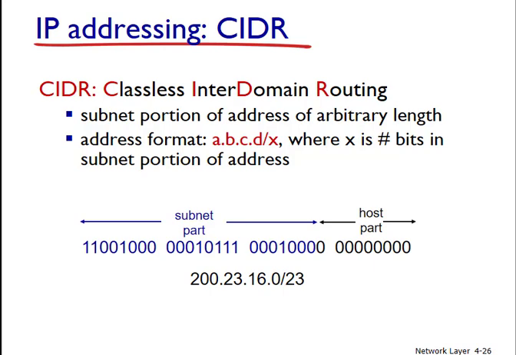For example, the ISP may itself have been allocated the address block 200.23.16.0/20. First 20 bits would be the subnet. The ISP in turn could divide its address block into 8 equal-sized contiguous address blocks and give one of these address blocks out to each of up to 8 organizations that are supported by this ISP.